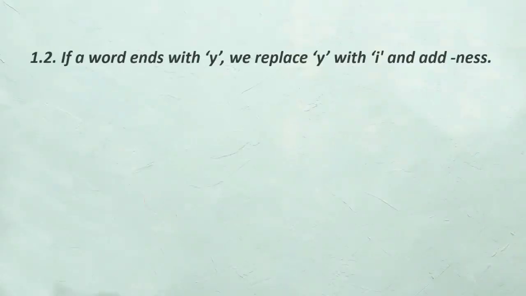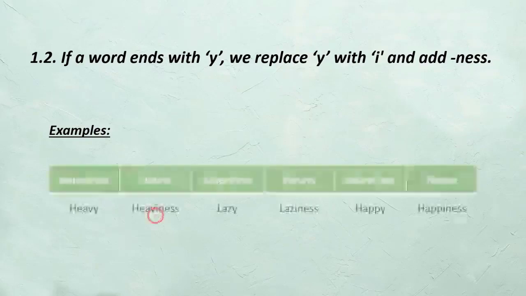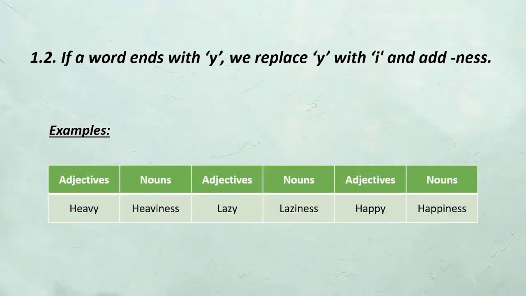There is another rule to make a noun from an adjective. If a word ends with Y, we replace Y with I and add NESS. For example, the first word is heavy.